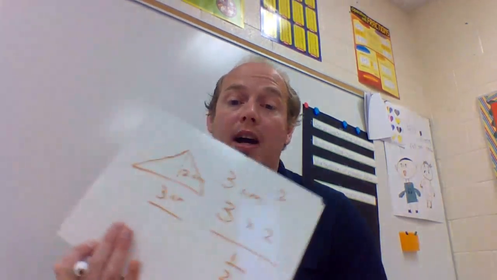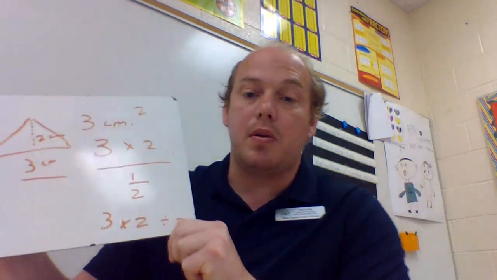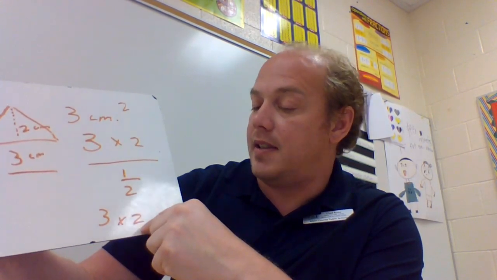So you can write it like that. That's just a compound fraction. You can write it like that, because if you do your order of operations, this is going to be 3 times 2, which is 6, divided by 2, which is 3.